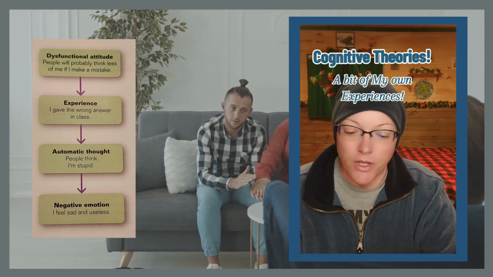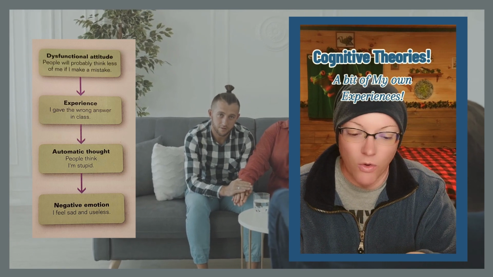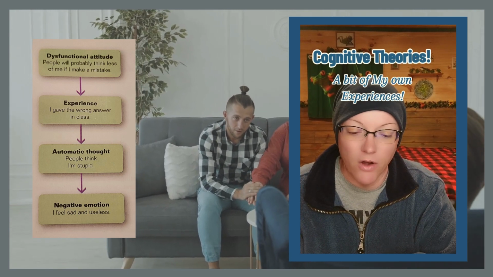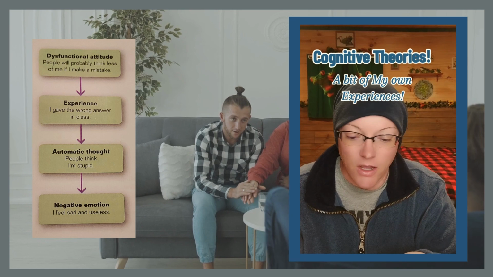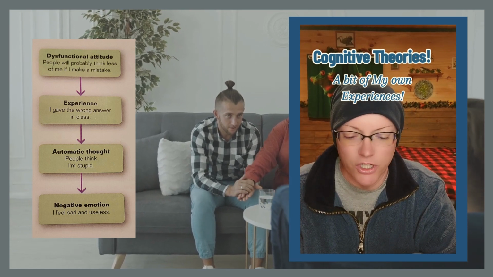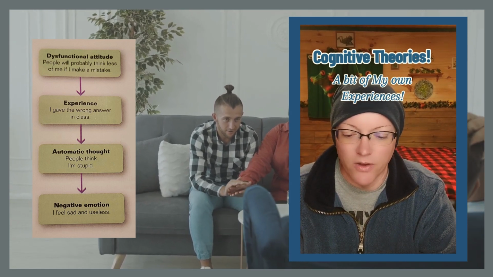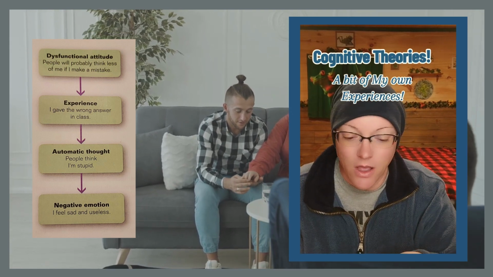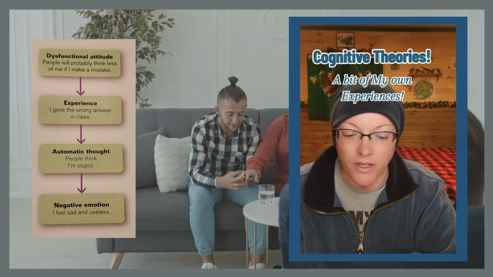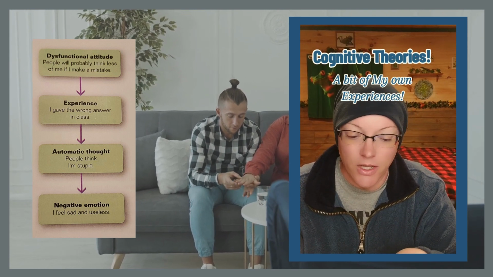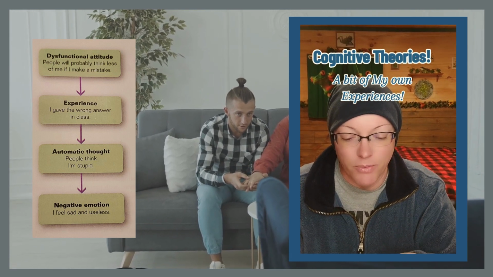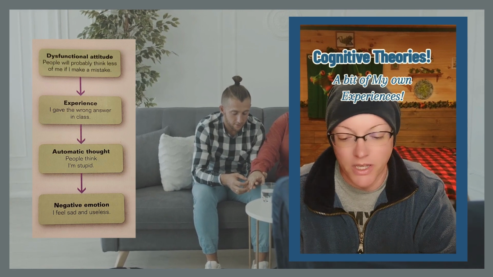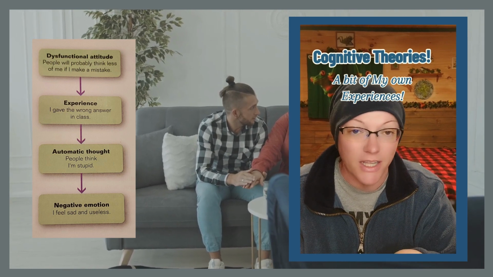Now it states here, particularly problematic according to the cognitive perspective are automatic thoughts. Ideas so deeply entrenched that the individual is not even aware that they lead to feelings of unhappiness and discouragement. Automatic thoughts are the product of dysfunctional attitudes, which are negative beliefs about the self that are so deeply ingrained and difficult to articulate.